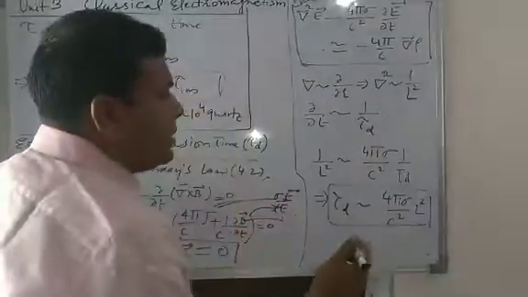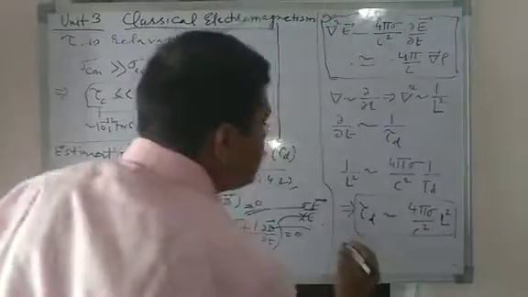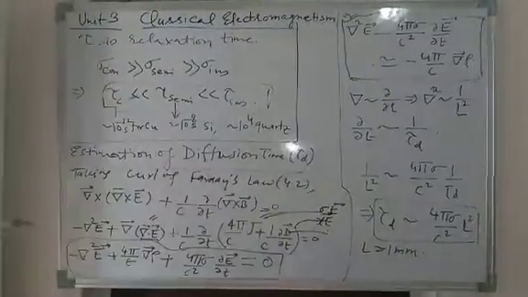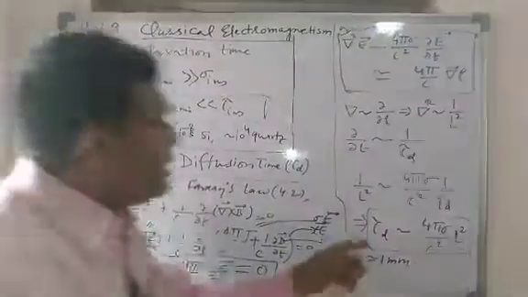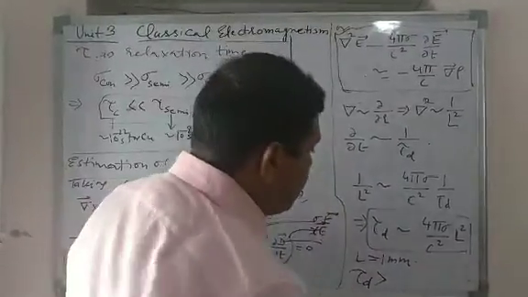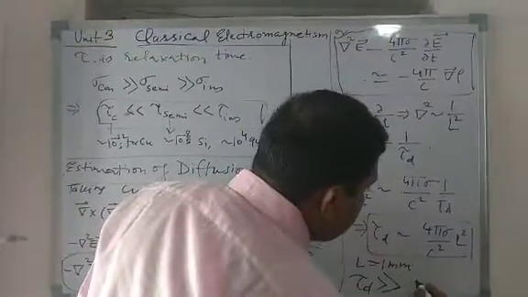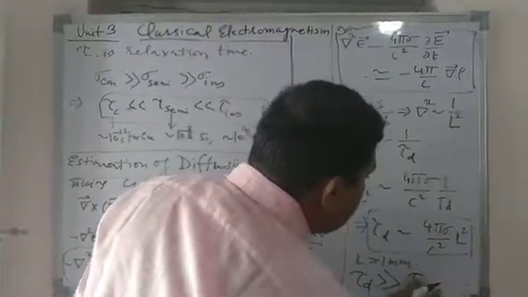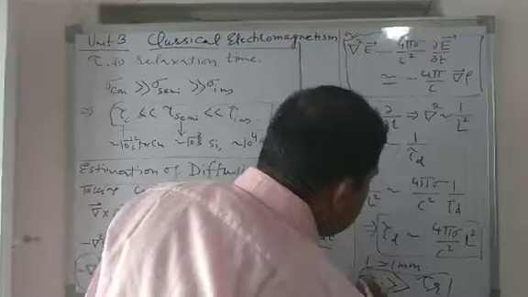So if we take L to be about 1 millimeter, that is the typical thickness of a wire, we realize that tau D for a given medium is going to be much larger than the relaxation time tau. So that is an interesting observation.